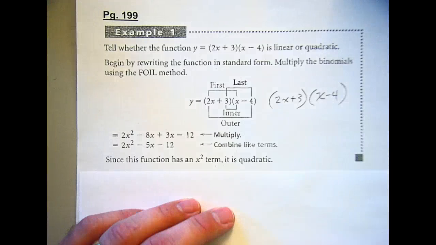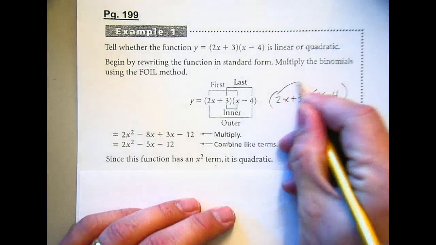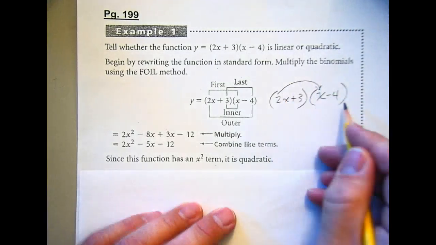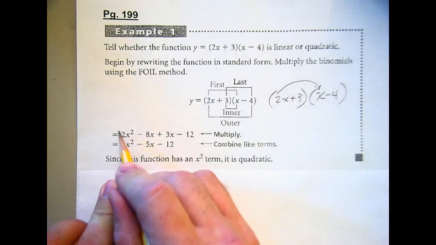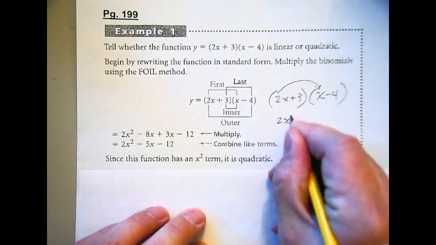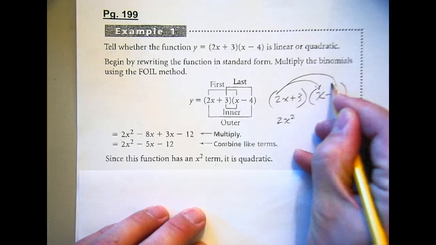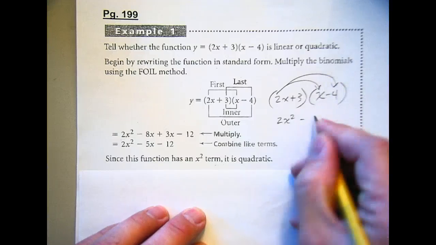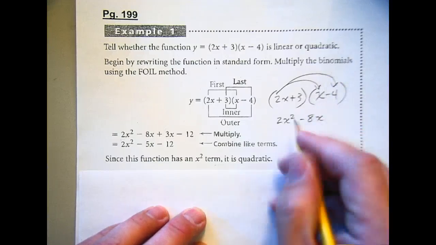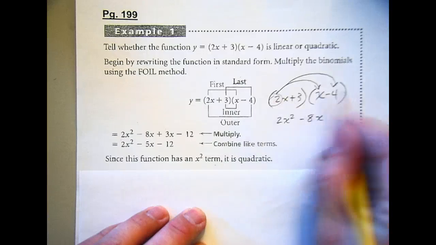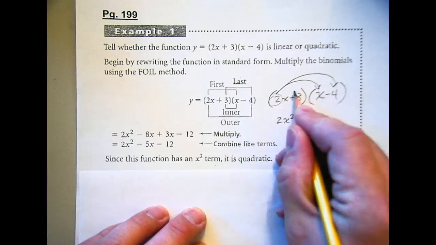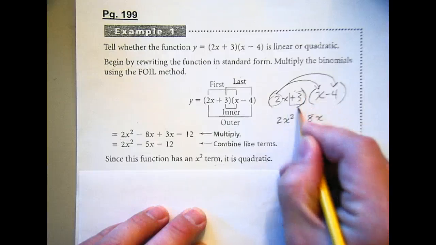So there we go. We're multiplying 2x by x to get 2x squared. We multiply 2x by negative 4 to get negative 8x. So first term by each term in the other. And then we go our 3 times each.